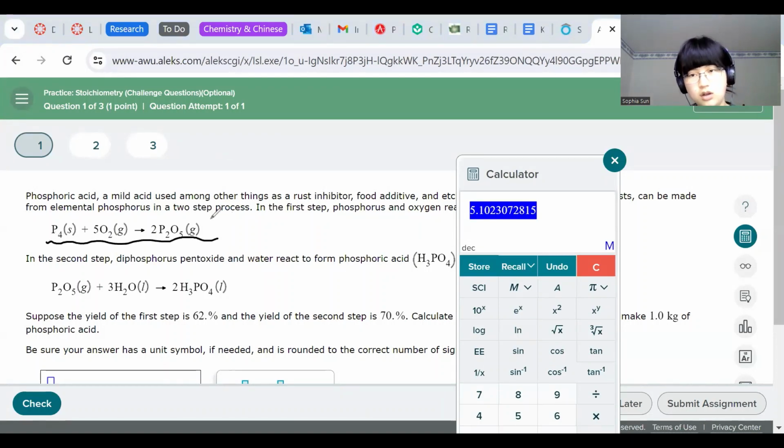A way to think about these 2 reactions going on simultaneously is just imagine a container, and it has all of these. It has all the phosphorus P4, oxygen O2, P2O5, 3 H2O, oh, not just H2O, my bad, and H3PO4.